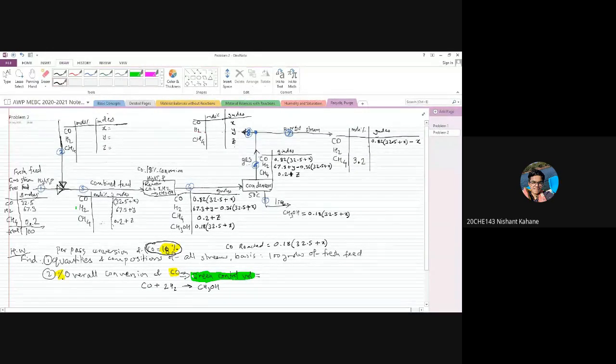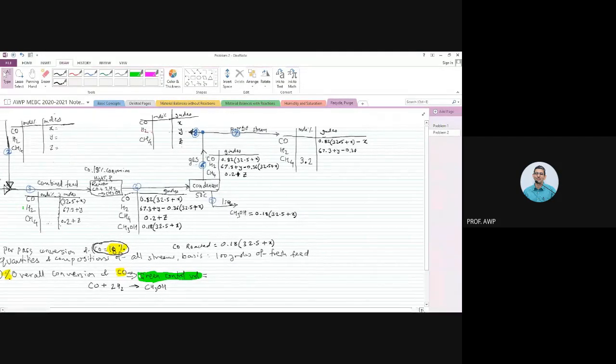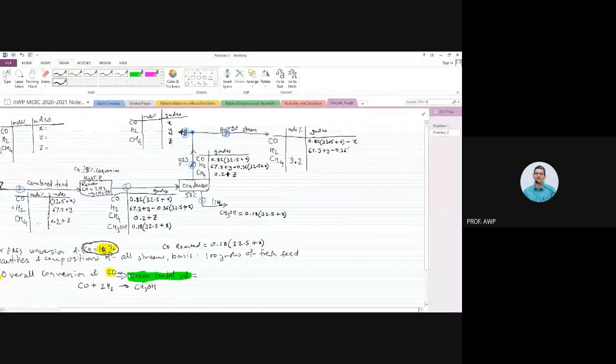Yes, sir. Same way, hydrogen going in the purge would be 67.3 plus Y minus 0.36 multiplied by 32.5 plus X. That is what comes in at this particular point, out of which Y is going to go back as a recycle stream.